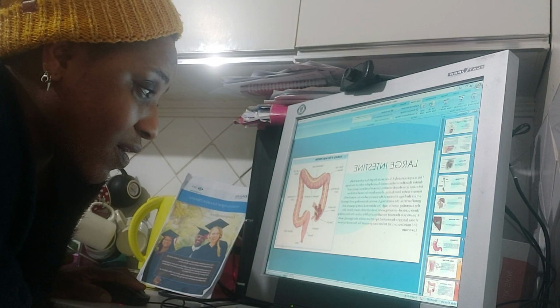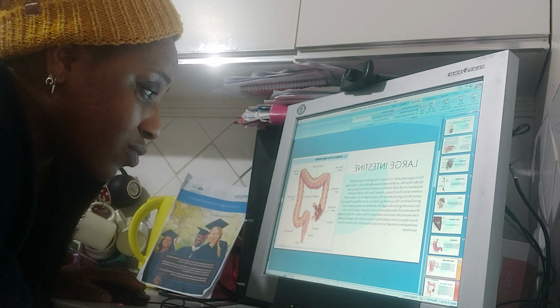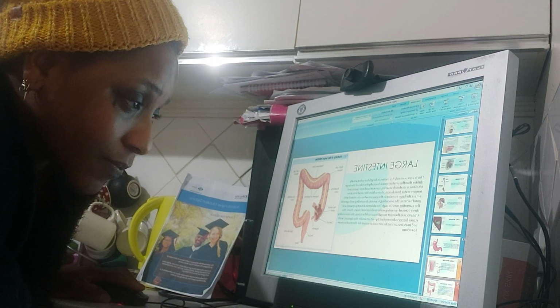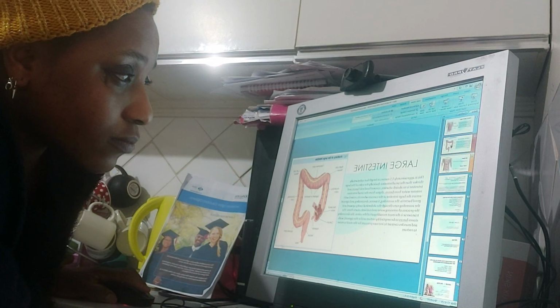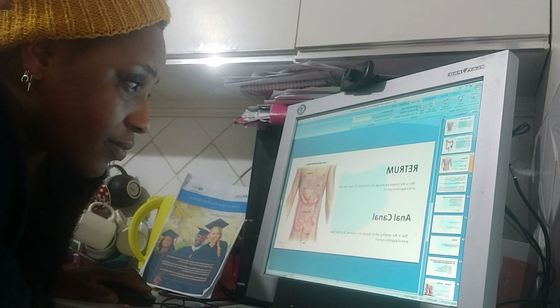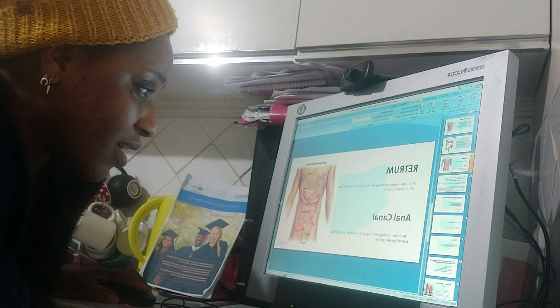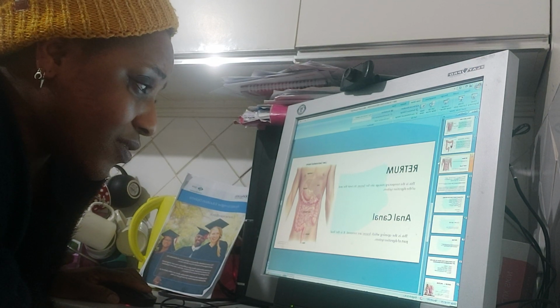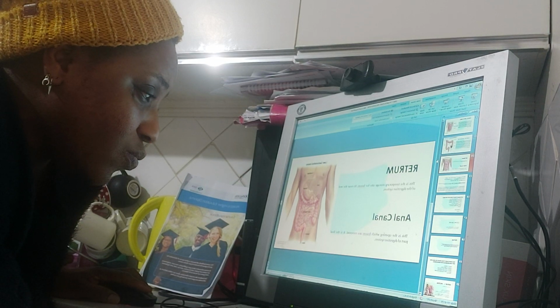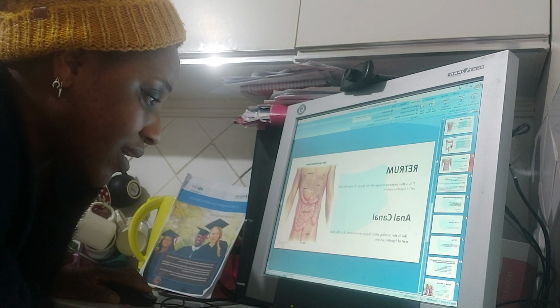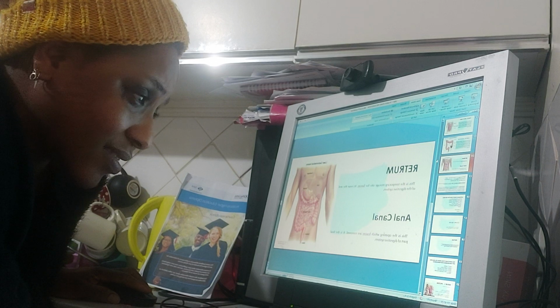The ascending colon, transverse colon, descending colon, sigmoid colon. Rectum: this is the temporary storage site for feces. It is near the end of the digestive system. Anal canal: this is the opening through which feces are removed. It is the final part of the digestive system.